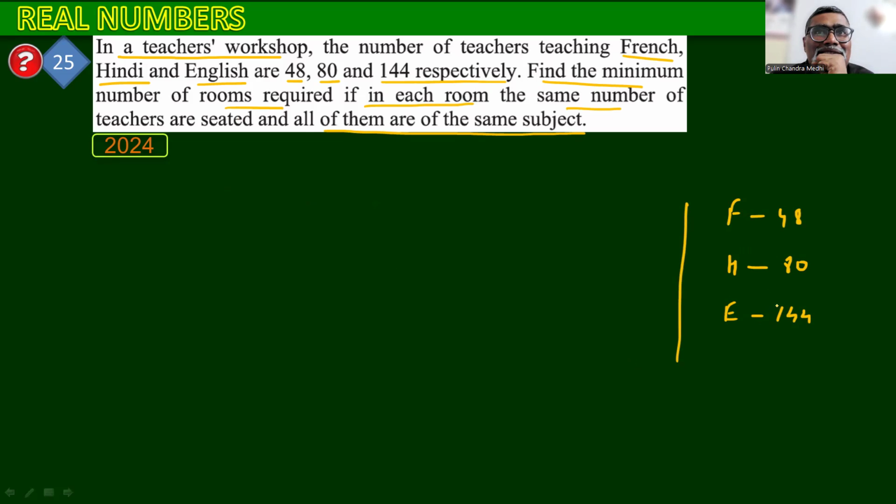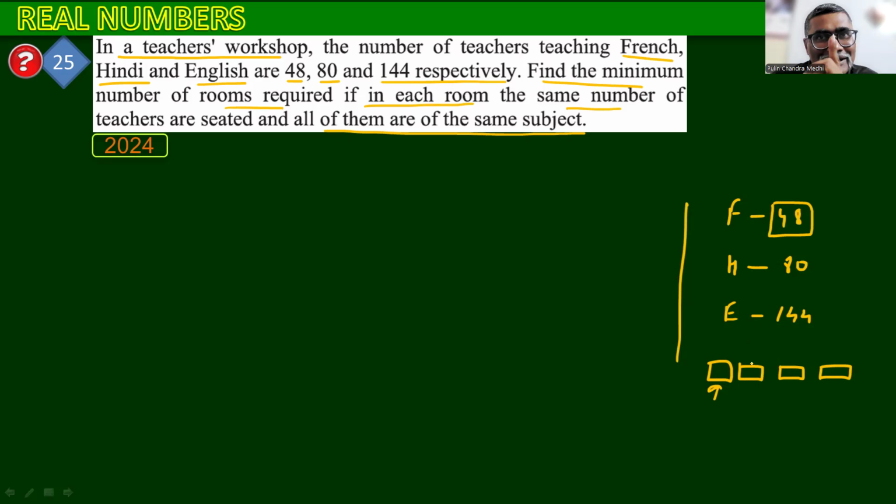Now you have to make them sit in rooms, right? Suppose these are the rooms. But the condition is that you have capacity of equal seats in each room. Number one. Number two, you cannot mix the subject. For example, suppose 40 number of French teacher you have kept in this first room and remaining 8 you mix with some others, not allowed.